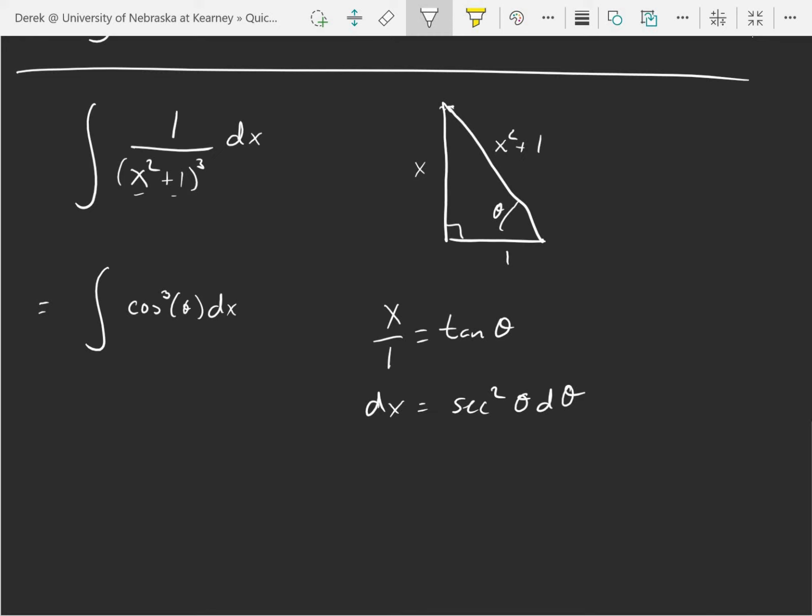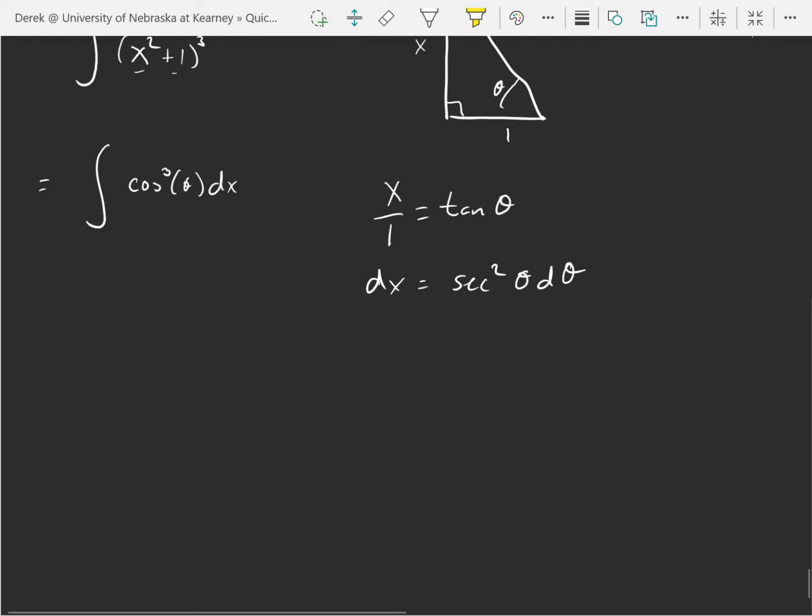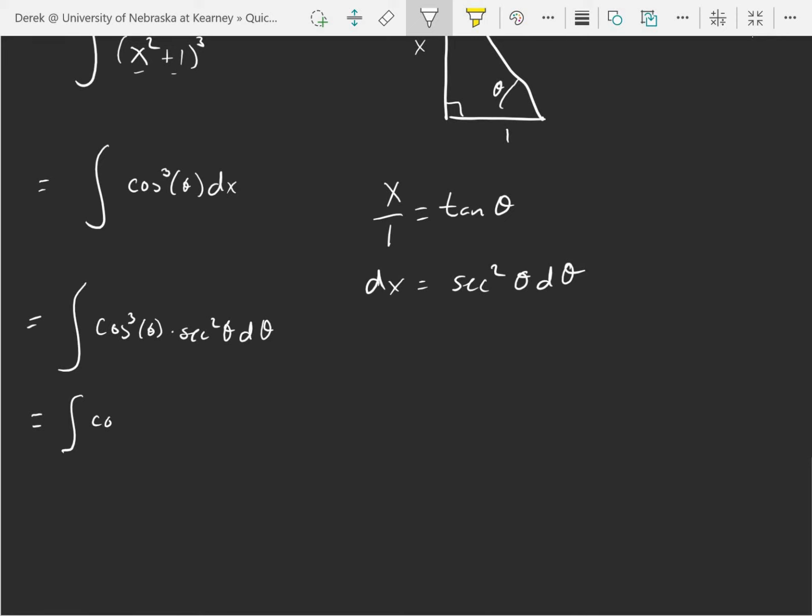Now I can just replace that dx with the secant squared theta d theta, and we end up with the integral of the cosine cubed of theta times the secant squared of theta d theta. Cosine cubed and secant squared cancel, so I get just the cosine of theta d theta, which is the sine of theta, and a constant.